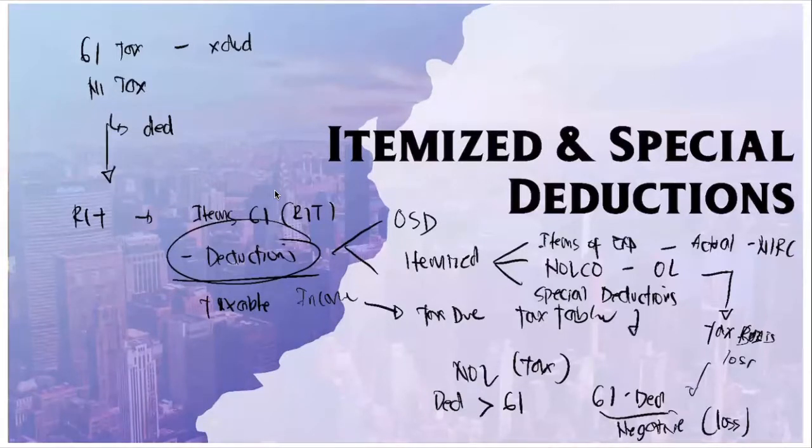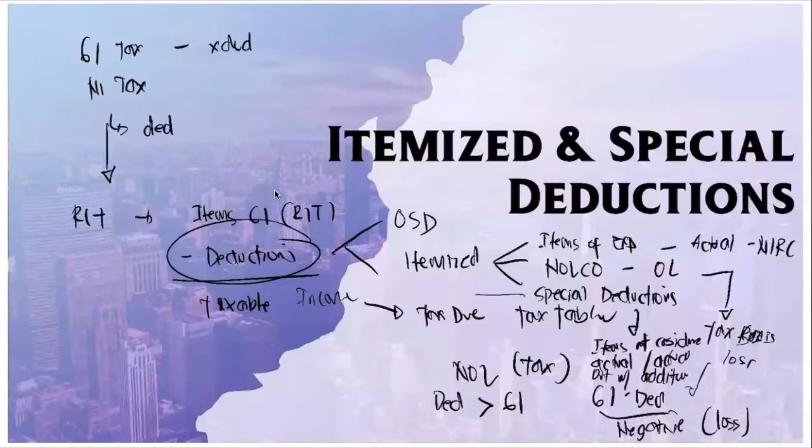And then we have now your special deductions. Items of expenses are actual expenses which can be deducted from your gross income as provided by the NIRC. NOLCO is the operating loss. Your special deductions are items not considered actual expenses, or are actual but with an additional deduction provided under the law.